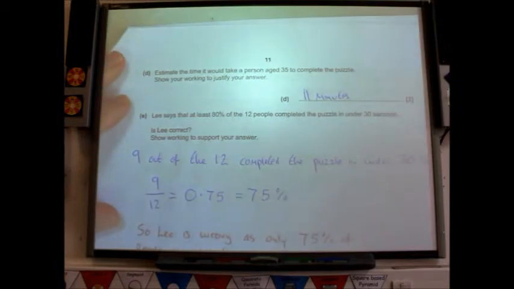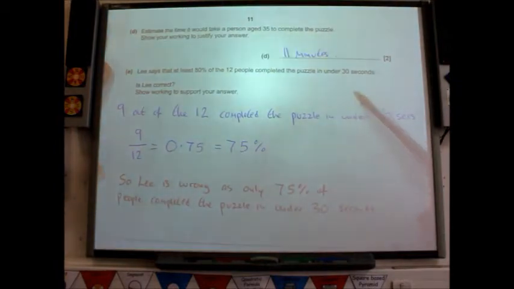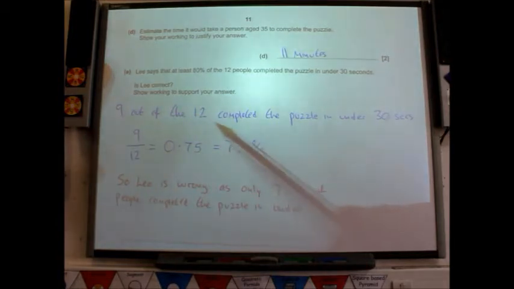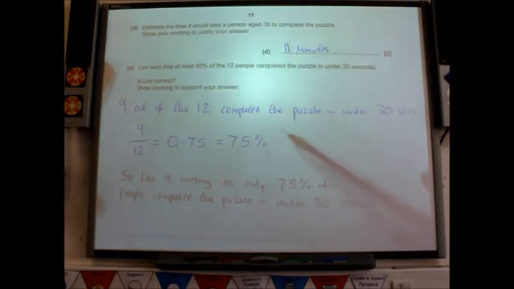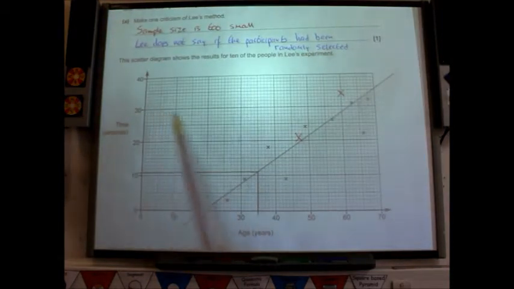Lee says that at least 80% of the 12 people completed the puzzle in under 30 seconds. Is she correct? Show your workings. So 9 out of the 12 people completed the puzzle in under 30 seconds, and you know that because you can look at your graph here. 30 seconds, that's the line there.